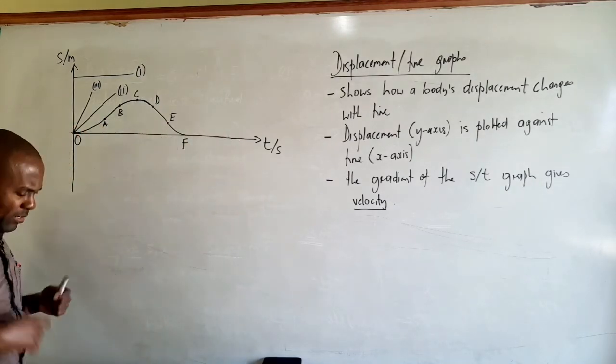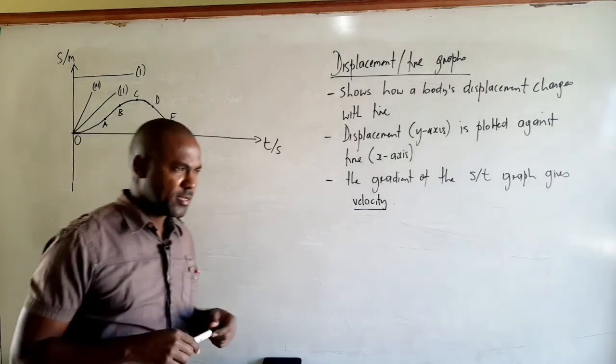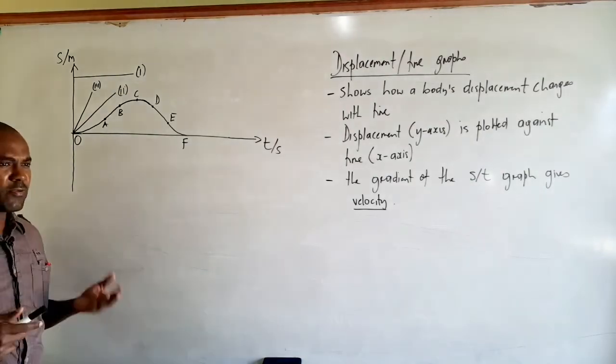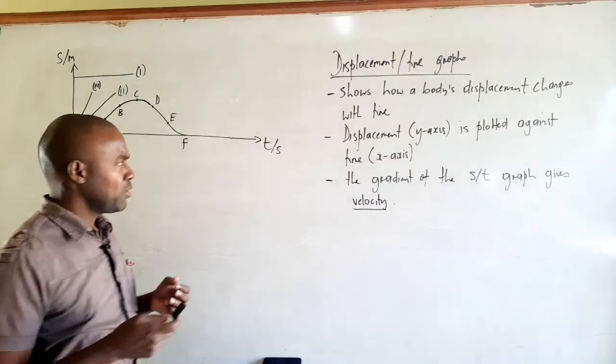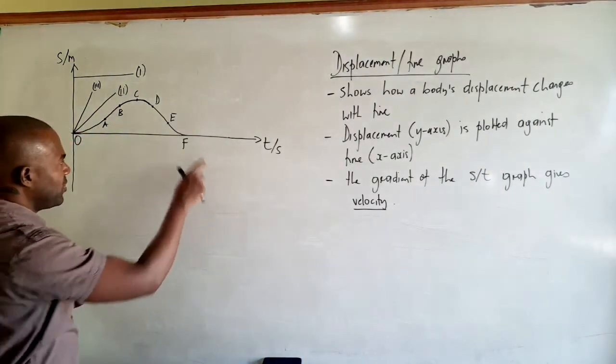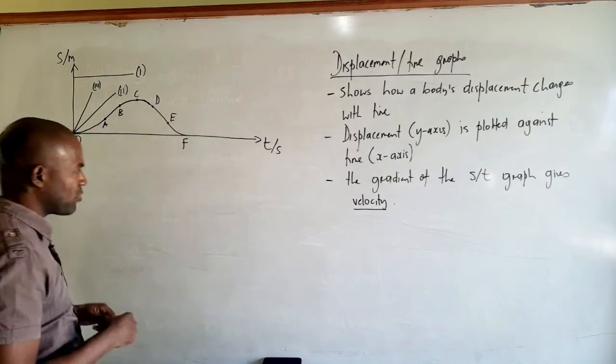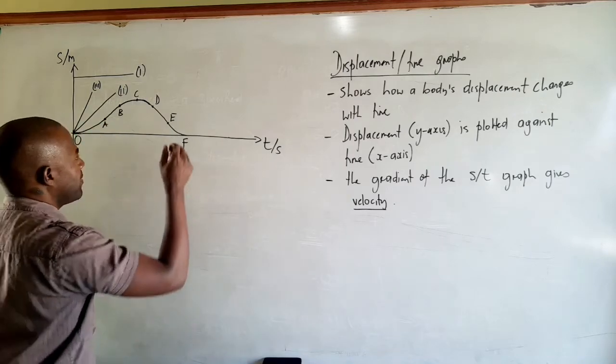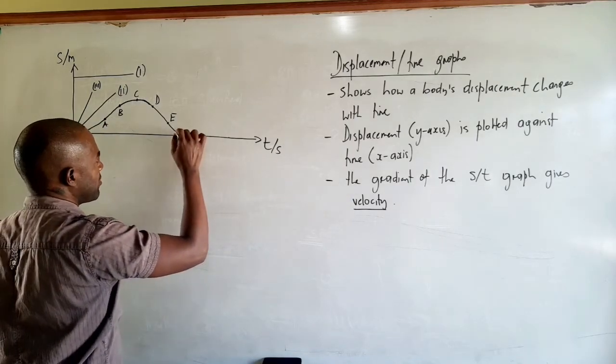Now, because it's a displacement time graph, and as I said, that displacement may be positive or negative depending on direction from some reference point, we'll of course extend the graph to include a negative portion. So if we extend the graph, let's say we extend the graph like this.